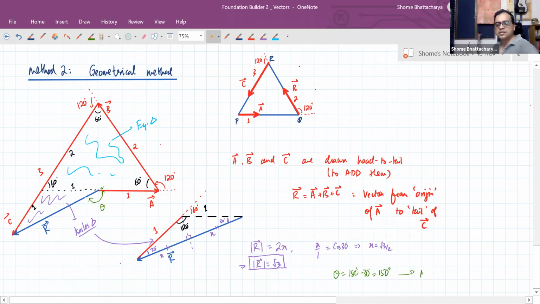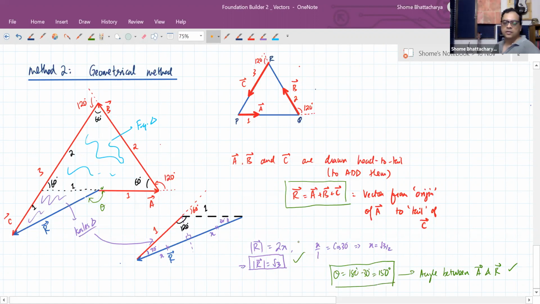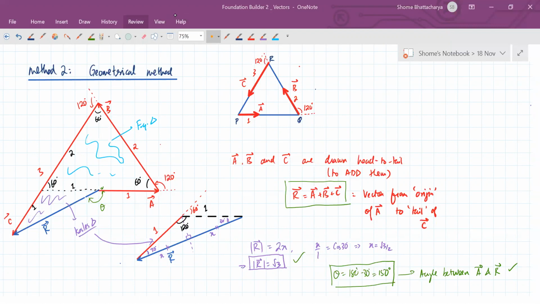So this is the angle between the vectors A and the resultant. So magnitude of the resultant and the angle both are calculated. Okay. So please make a note of this quickly. This is sixth and seventh question. After this, we will come to the 13th question.